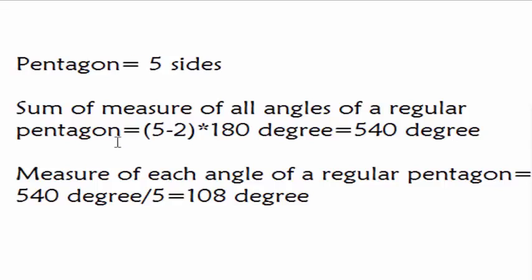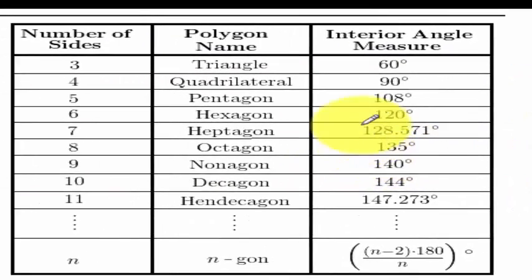Example: measure of each angle of regular pentagon can be calculated as, see, we know that pentagon has 5 sides, so the sum of measure of all the angles of a regular pentagon will be 5 minus 2 into 180 degree, using formula n minus 2 into 180 degree. So we get it equal to 540. So the measure of each angle of a regular pentagon will be 540 degree upon 5, that is 108 degree.